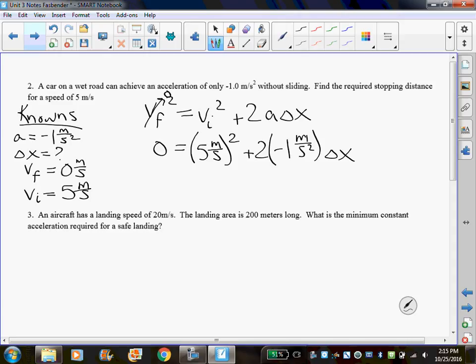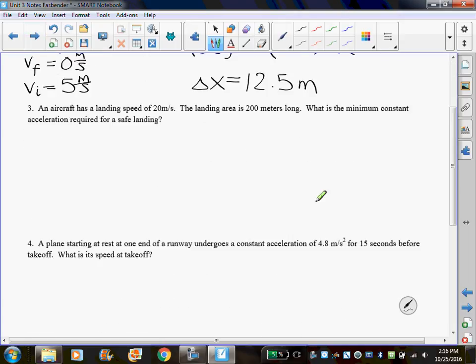And yet again, it's all just algebra from here on out. So we algebraically solve for that delta x, and you should get a delta x of 12.5 meters. Let's do another example problem.